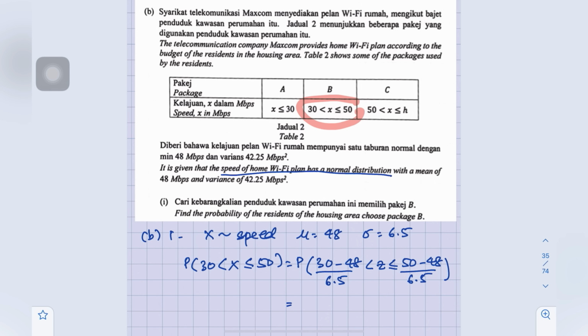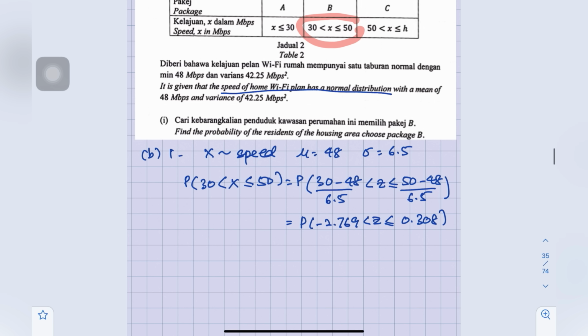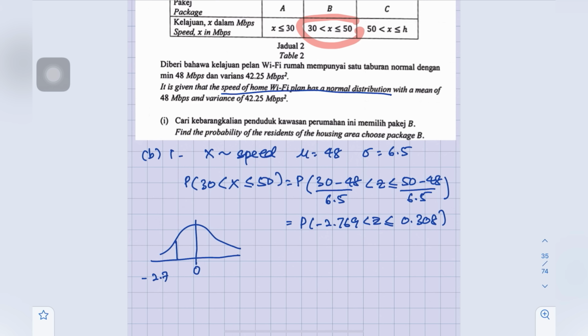This one is negative 2.769, and this one is 0.308. Then we have to draw the normal curve: negative 2.769 on the left side, and this one 0.308.